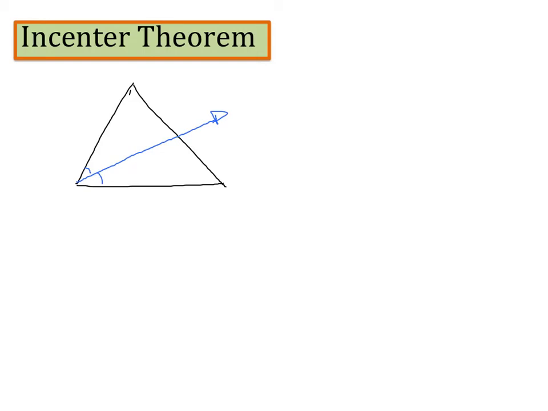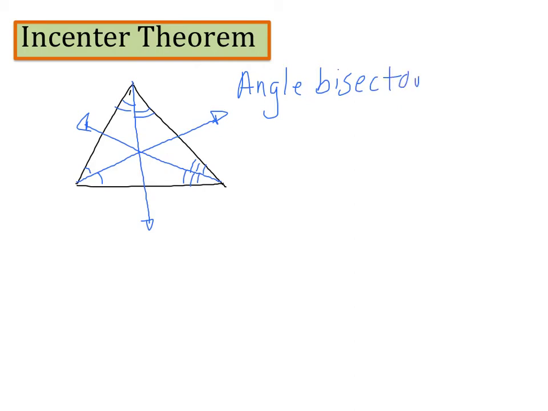This is bisecting this angle here. And this is bisecting this angle here. Now this is different than the perpendicular bisectors. These are the angle bisectors, because it splits those angles into 2 congruent angles.